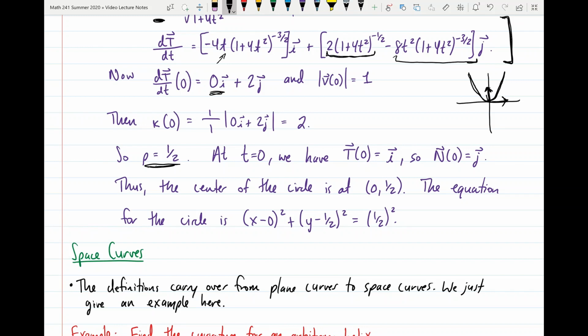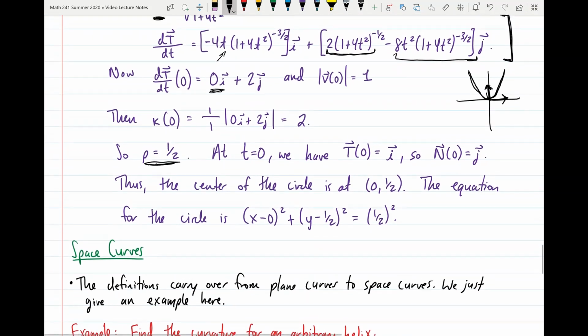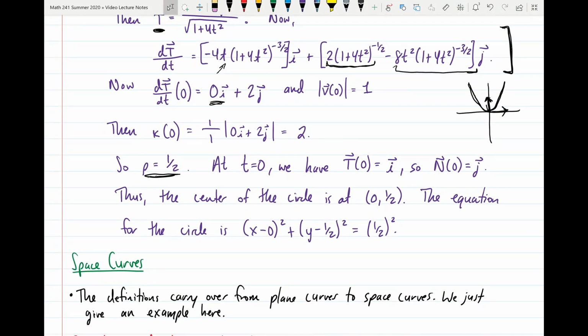We know that the principal unit normal vector is going to point towards the center of the circle of curvature, and we also know that the circle has radius 1/2, and because of these two facts, we can conclude that the center of the circle of curvature is going to be at the point (0, 1/2).